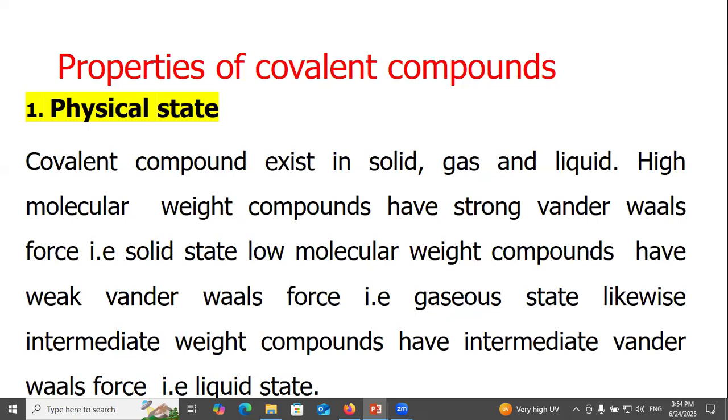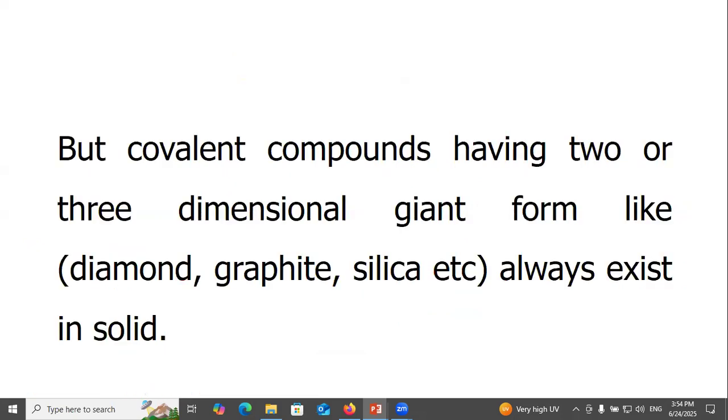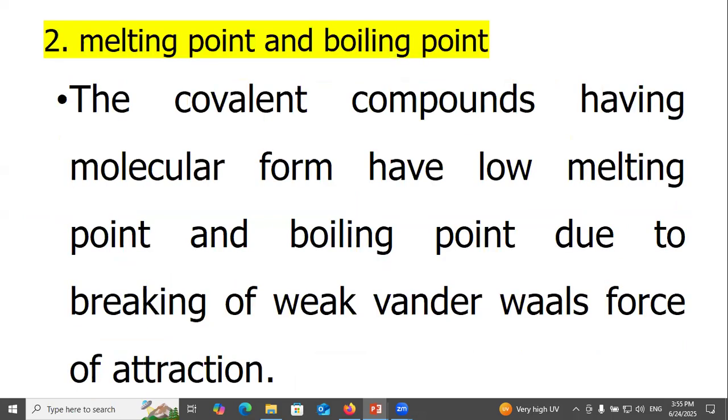Low molecular weight compounds have weak van der Waals force, that is, gaseous state. Likewise, intermediate weight compounds have intermediate van der Waals force, that is, liquid state. But covalent compounds having the 2 or 3 dimensional giant form like diamond, graphite, silica always exist in solid.